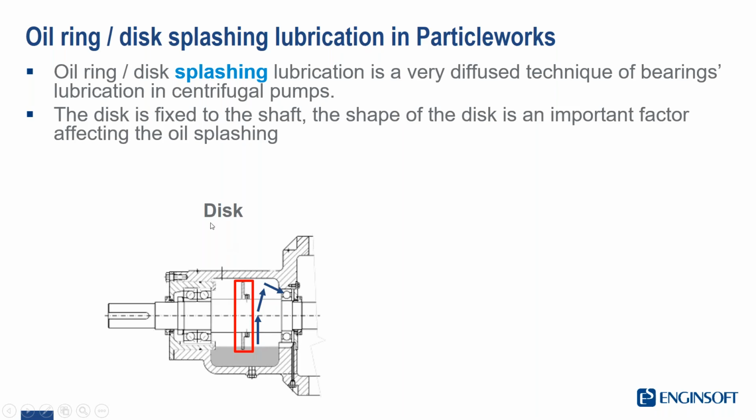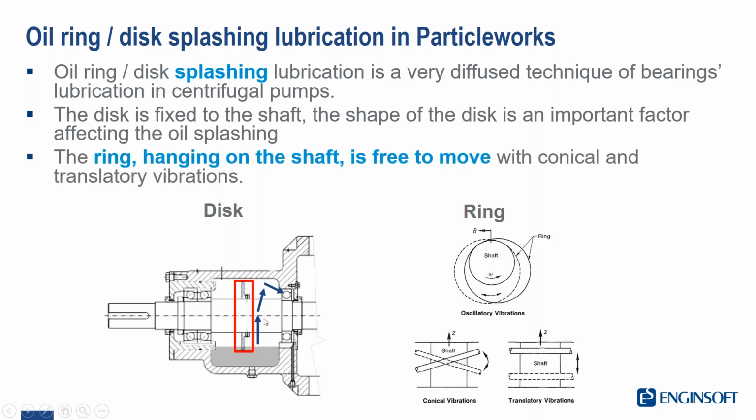In one approach, a disc that moves solidly together with the shaft can be used, but there are also other opportunities. For instance, the ring approach uses a ring that can move freely with 6 degrees of freedom, both with conical vibration and translatory vibration. So in this case, the ring is not fixed as in the disc one.